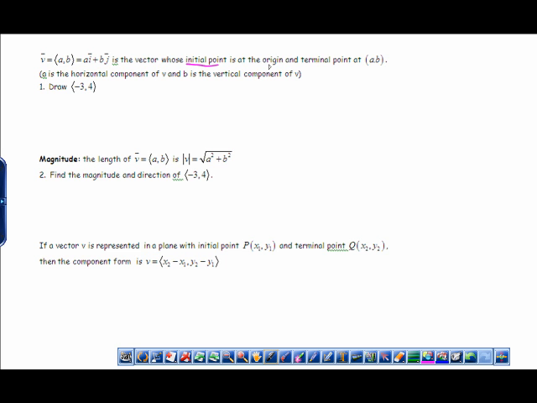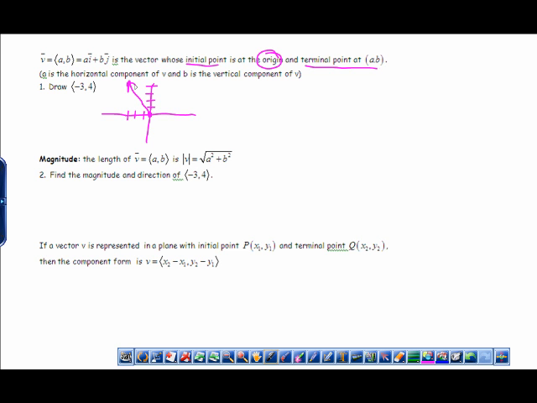Here we have an initial point at the origin, which makes things easier, and then the terminal point is just at the point (a, b). Think of a as horizontal, b as vertical. It says to draw this vector. Really all we're going to do is draw the point (0, 0) and the point (-3, 4). We're going to connect them, and there's your vector right there.